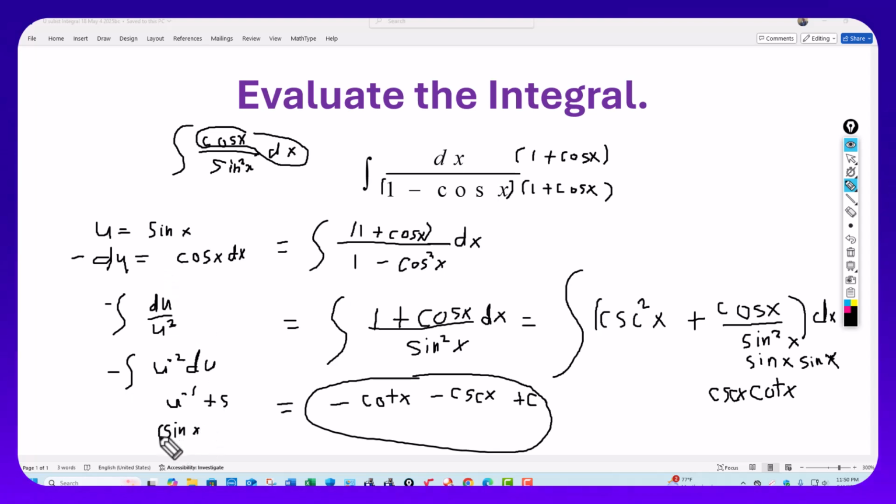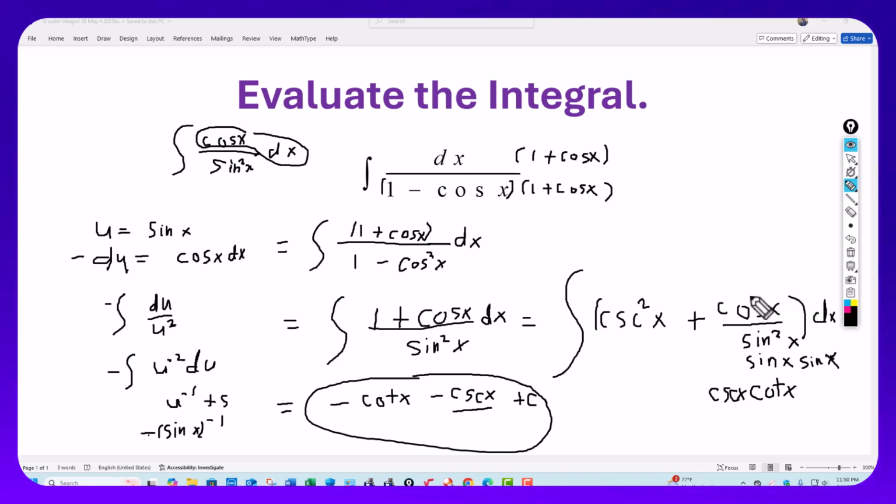Sine of x to the negative 1 is the same thing as 1 over sine. But because sine and cosecant are reciprocals, 1 over sine can be replaced by cosecant. So we still get the same answer. Minus cotangent of x, minus cosecant of x, plus the constant of integration.